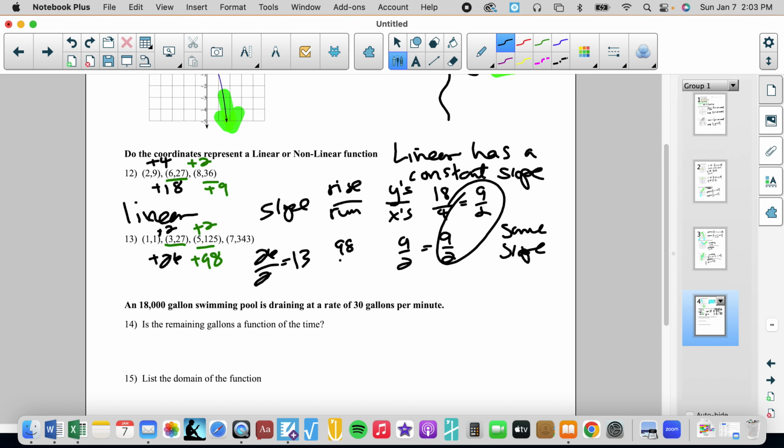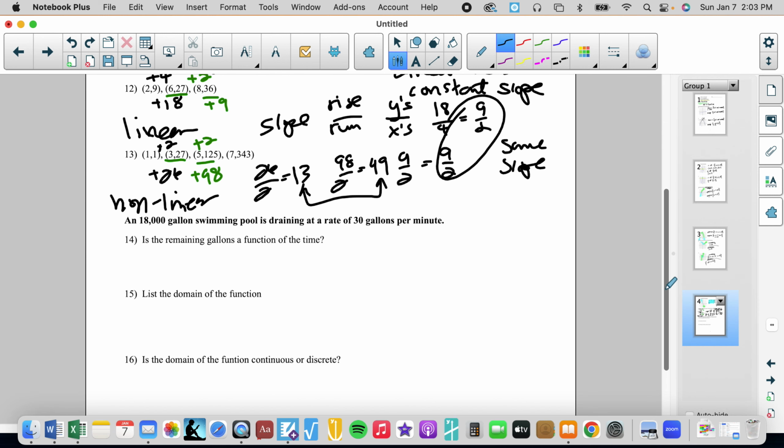And then we have 98 over 2, which simplifies to 49. So these do not have the same slope. So this is nonlinear, since it doesn't have a constant rate of change, a constant slope.